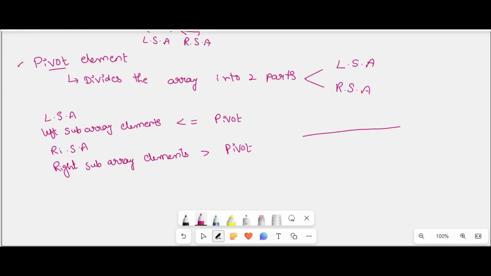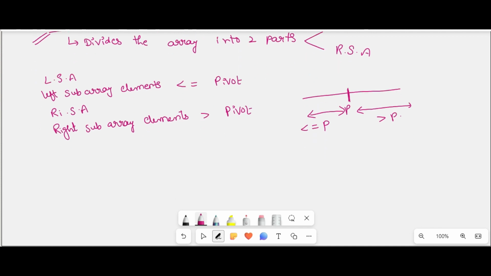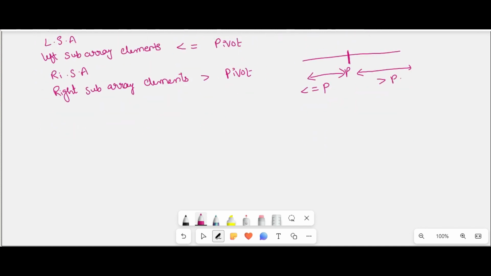Suppose this is the array and here is the pivot element. Left of the pivot element is less than or equal to the pivot, and right of the pivot element is greater than the pivot. That's why it is called a pivot element, which divides the array into two parts. So these are the main important points.